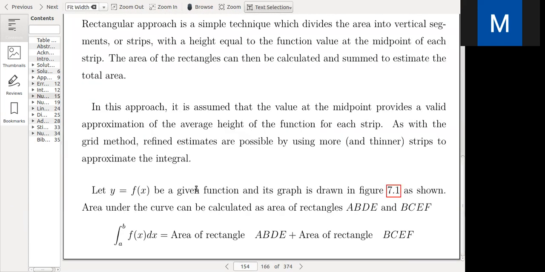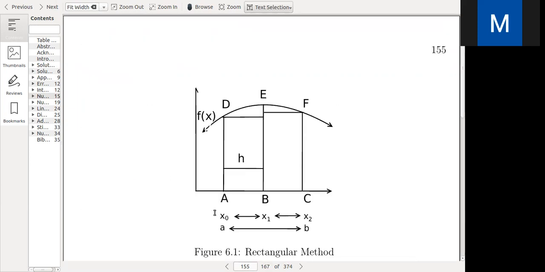So we can suppose that y equals f of x is a given function, and its graph is drawn in figure 7.1 as shown. Here this curve is the function y equals f of x, and the area under this function or graph is represented with two rectangles.